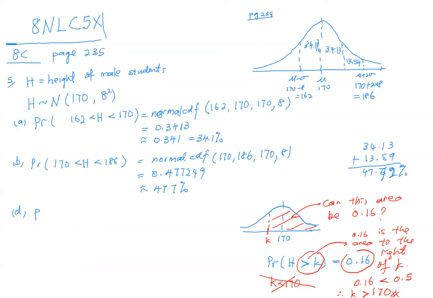Okay, so now I'm going to find the value of K. H greater than a value, and the probability is 0.16. So if I want to find the K value, the value of the height here, what must I use from my graphic calculator?